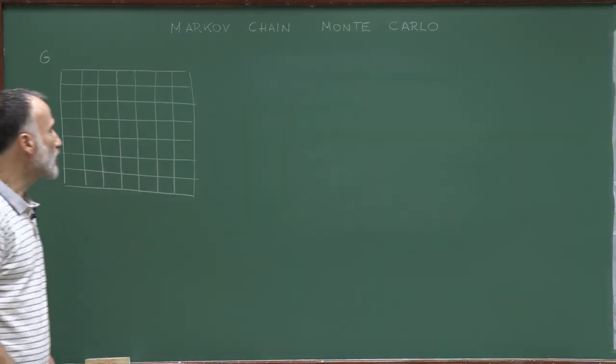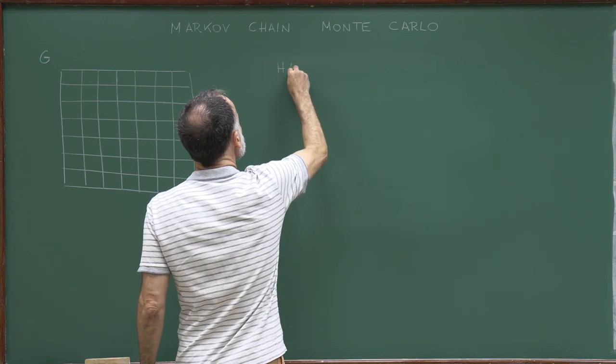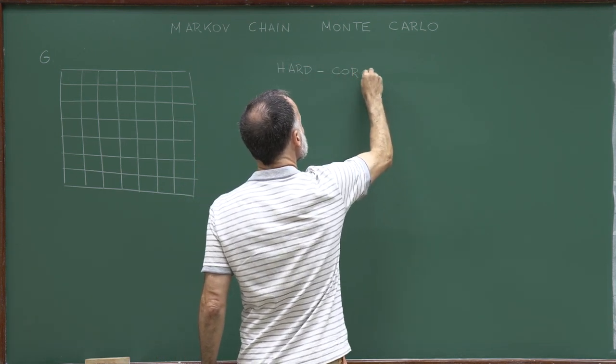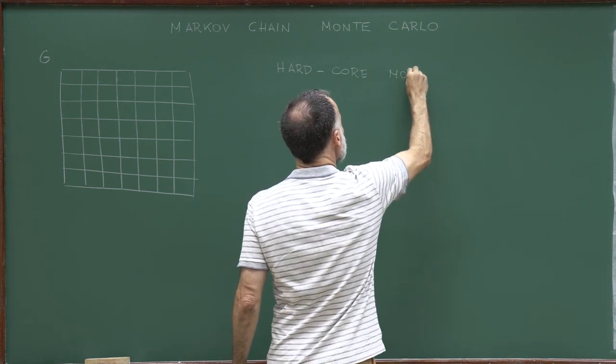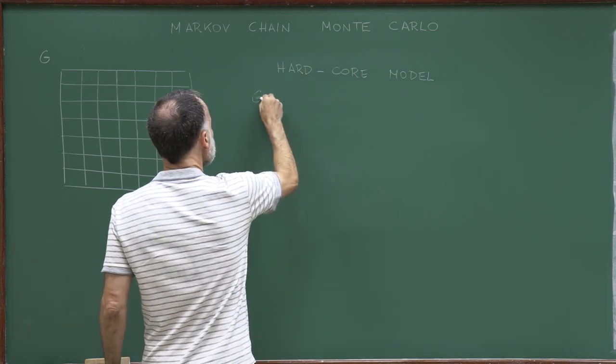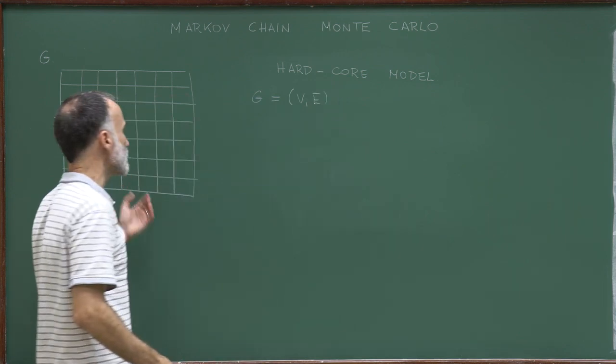Now that we defined a graph, I want to introduce what's called the hardcore model. We start from a graph G, which is (V, E), and here is an example.